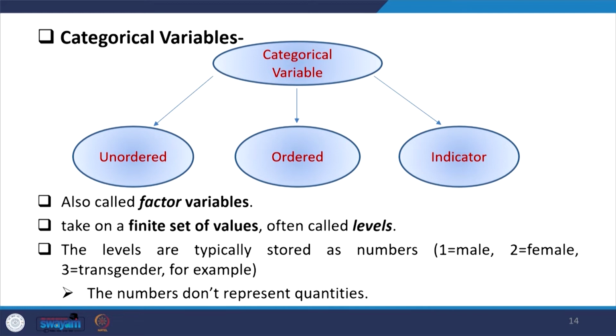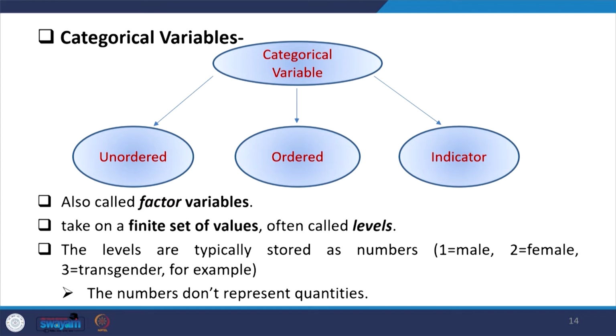Unordered, like male and female, though it is categorical, is not called ordered. An ordered variable is like education of the person, standard of education of the person, that is clearly an ordered variable. When we say factor variable, these are also categorical variables. We also say those are factor variables.